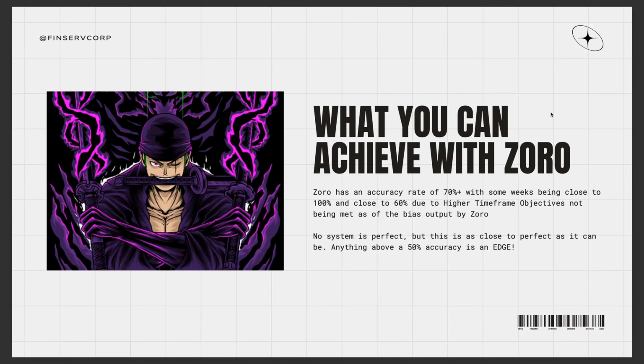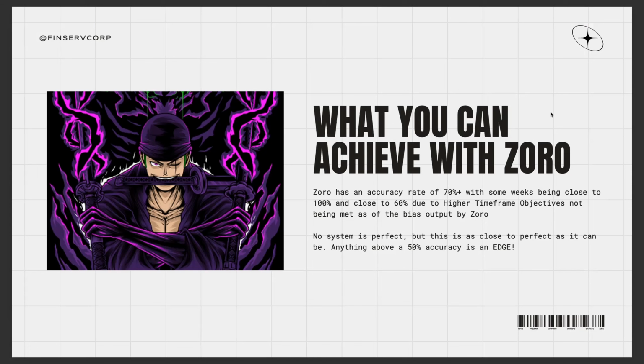So to solve that, we are going to give you the bias via the algorithm. And you're going to use the instructions provided when you are enrolled into the algorithm to determine whether this is a high probability signal or not, because looking at the higher time frame is your job.